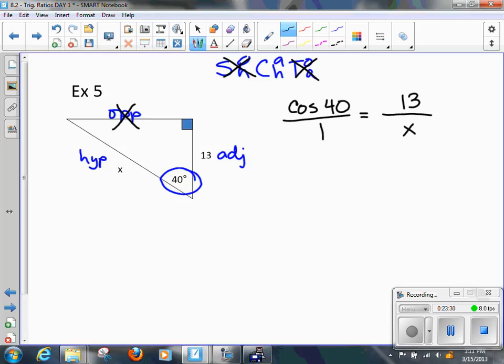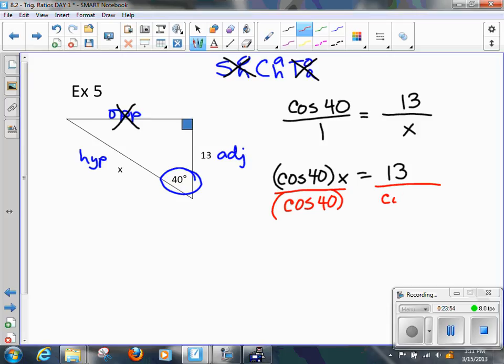Cross multiply. Cosine 40 times x is equal to 1 times 13, which is 13. Do you guys agree with that? Yeah? All right, how am I going to get x by itself? Divide by who? Cosine of 40. All right, check this out.